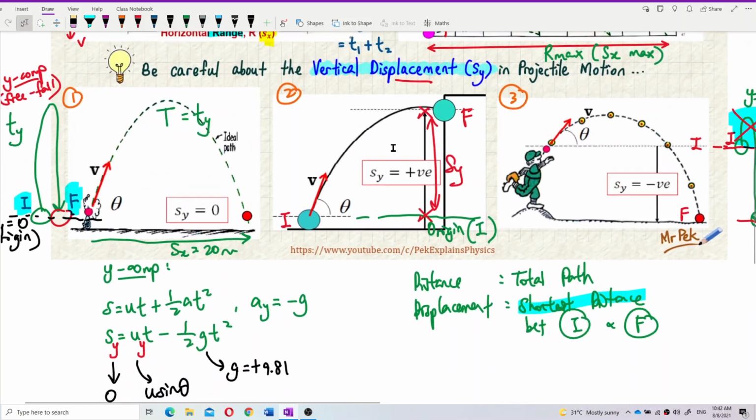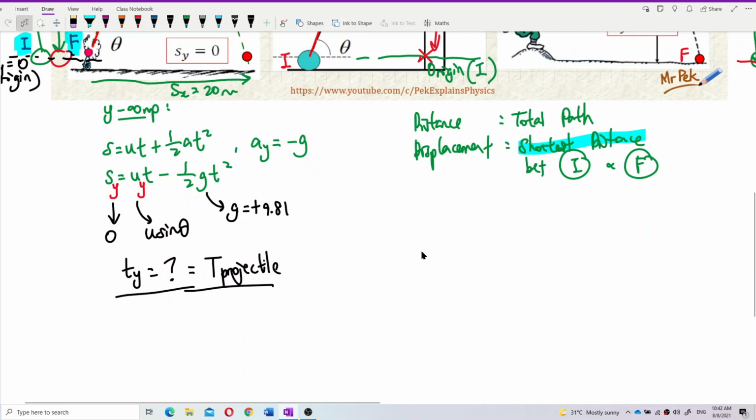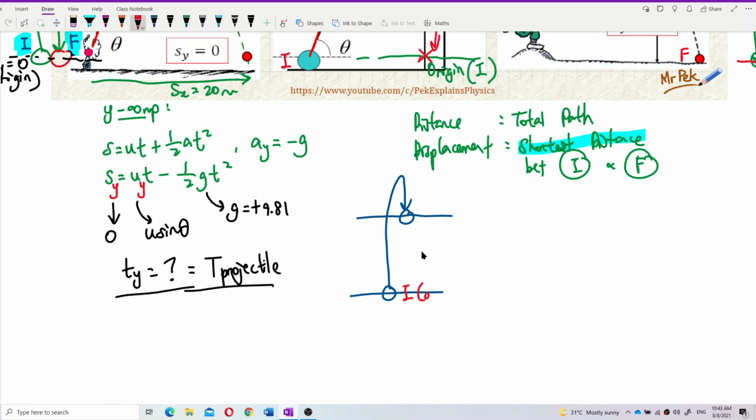For this one, maybe I draw over here. Let's say this ball goes up and goes down, and hits here. So what is the Sy? This is the initial point, or the origin, and this is the final point.